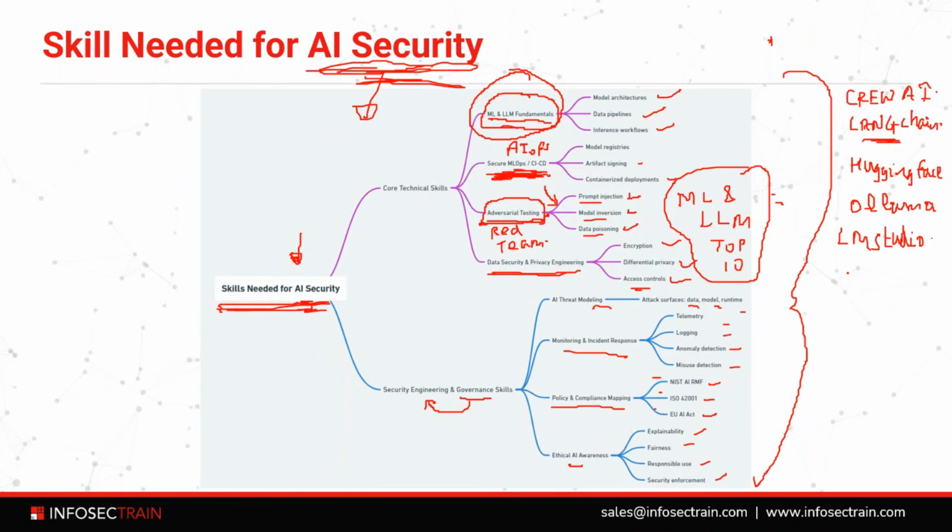Okay, guardrails also I told you. I mentioned guardrails in the previous slide, which guardrails you should know how to use. LLM pen testing tools like Garak. So for your AI development and AI security, these are some technical skills and frameworks that you need to learn about.